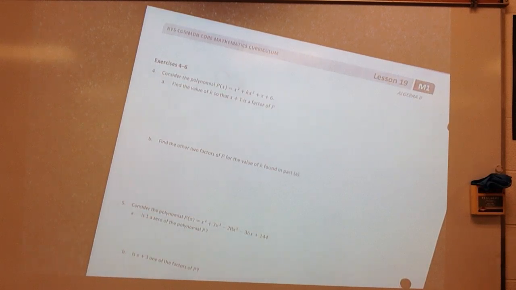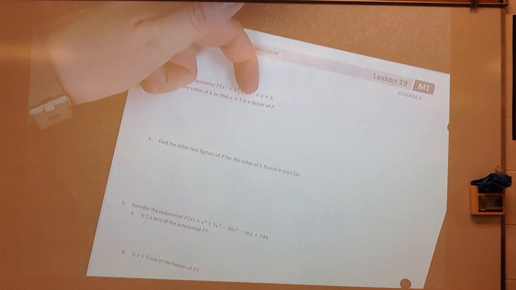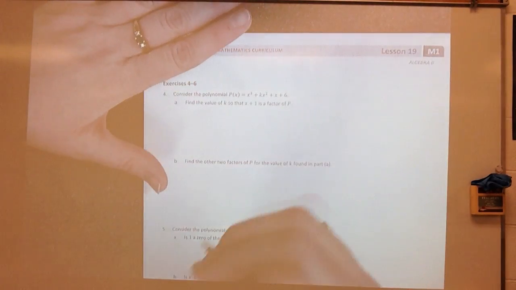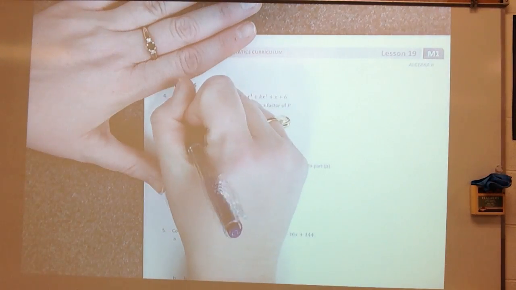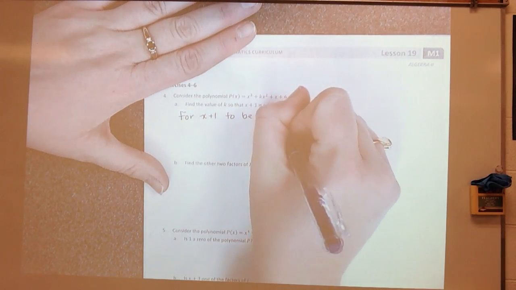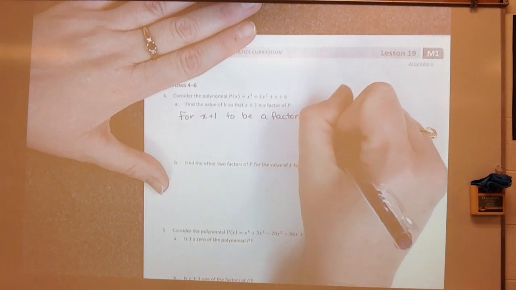We cannot actually go through and do a whole lot of the math because I don't have a number here for k. So this is one of those brain teaser type problems that I have to think through. Since I don't know what k is, I want my remainder to be 0. So how could I figure out what my number is if the remainder is 0? Alright, so for x plus 1 to be a factor, the remainder must be 0.